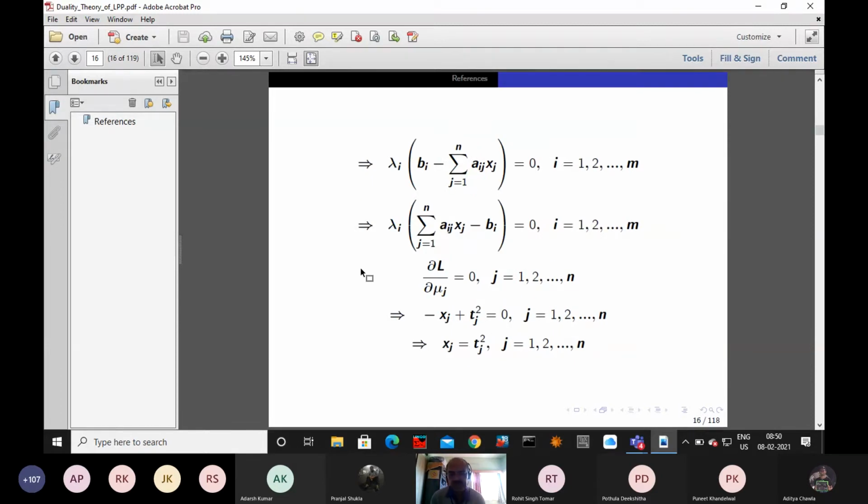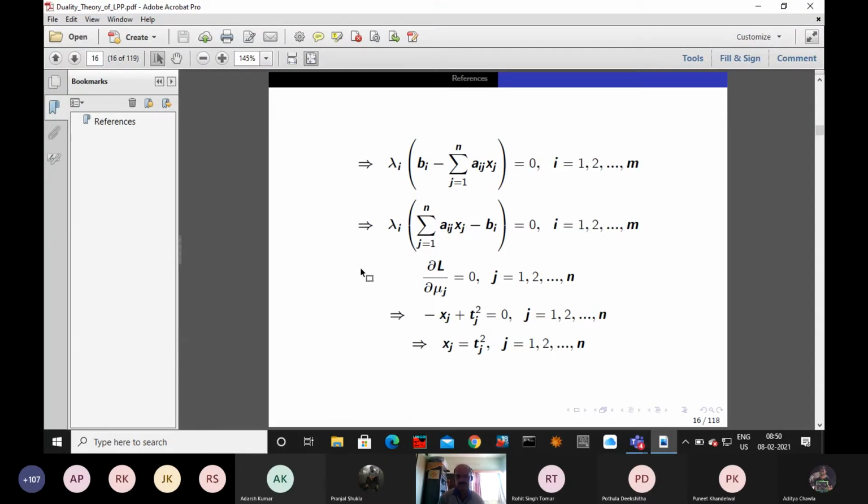So we have combined, and after combining we find lambda i into bi minus summation over j from 1 to n aij xj equal to 0. Why is it required? You know this is a linear equation plus the slack variables, and after simplification we are writing it in this manner.